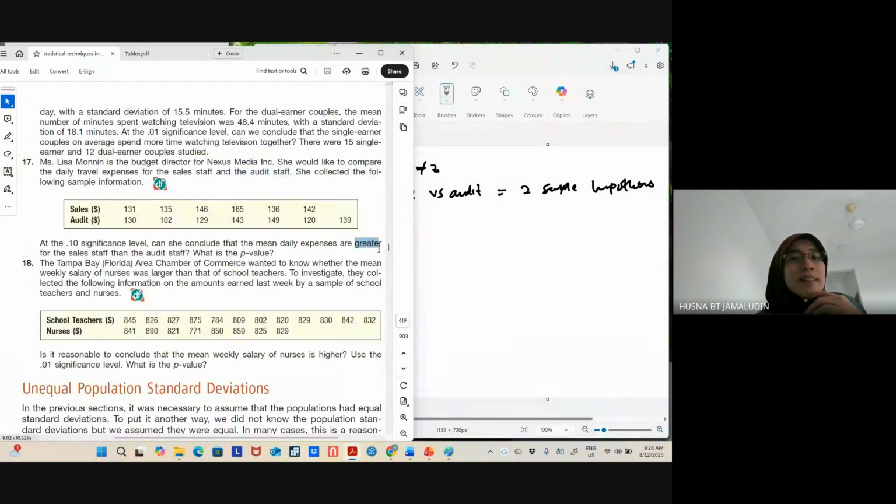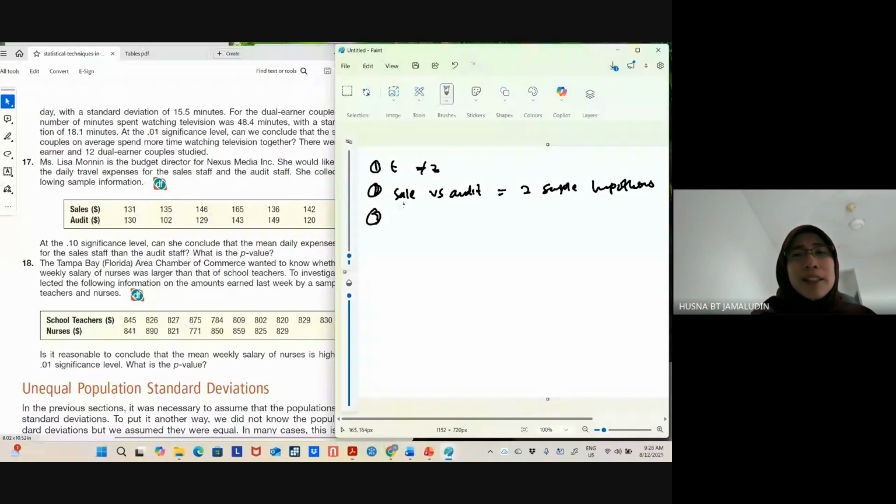So the word greater tells you that this is a one tail test. Okay. And what else? Oh, remember, you have to consider whether this is independent or dependent. Number 4, is it independent or dependent?